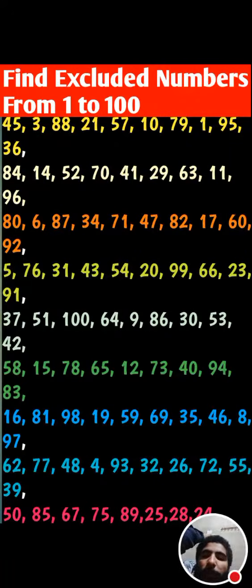So we have to find number 31. Where is 31? Yes, I have found it. It is written in yellow color, presented on the third position of the seventh row.